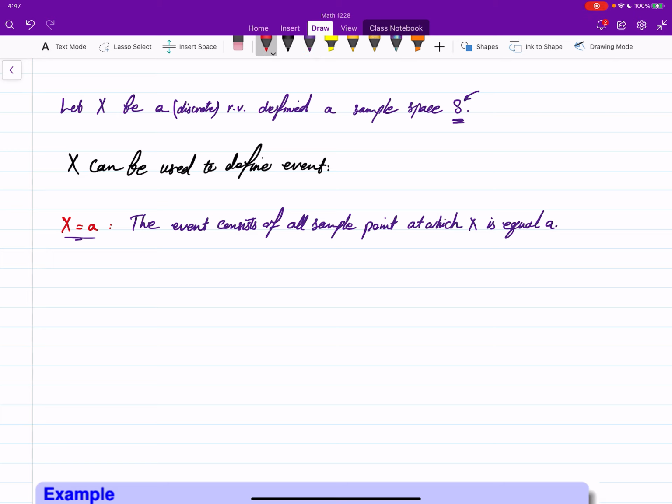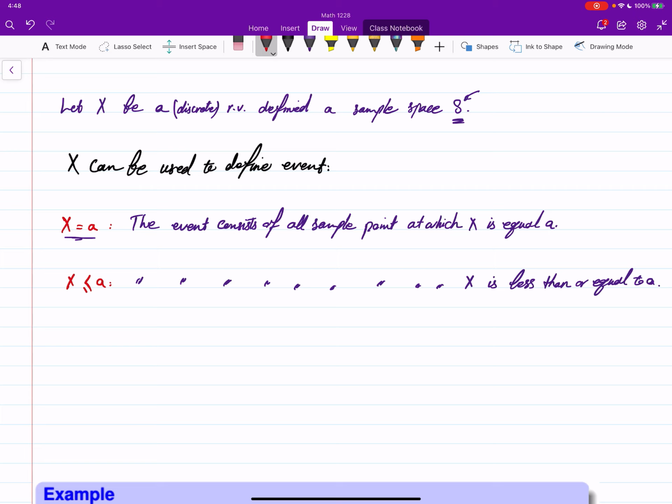Well, we can have something like X less than or equal to a. This means that the event consists of all sample points at which X is less than or equal to a.